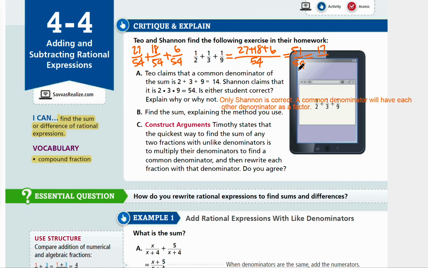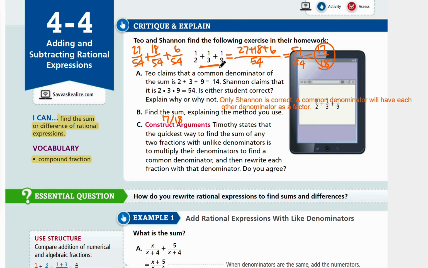Divide 54 by 3, you get 18. So this is the simplified fraction. So the sum would be 17 over 18, simplified. So explain the method you use. Convert each fraction to a fraction with denominator 54, and then you add them, and then you simplify.